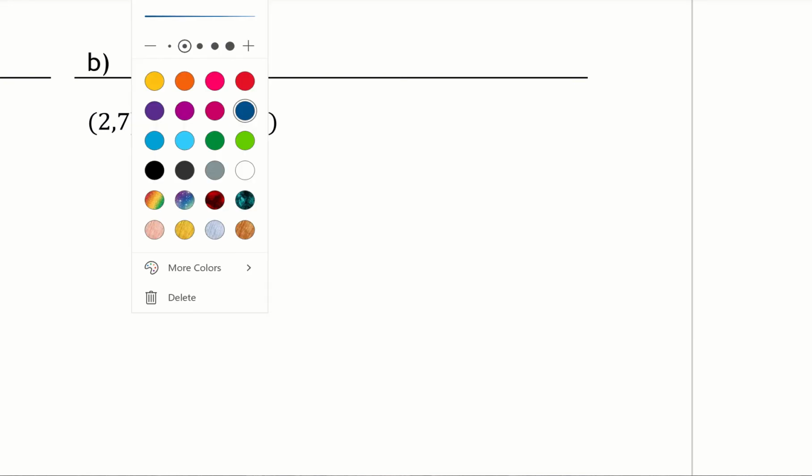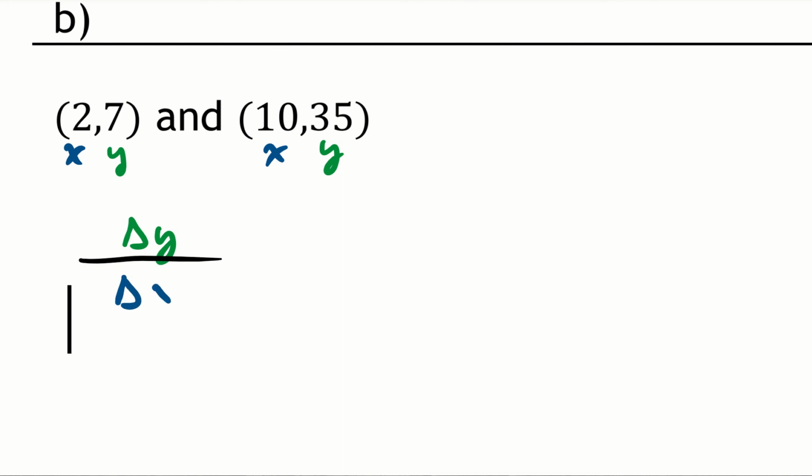Last point. I'm going to do the exact same thing. For each one of these 2 points, I have an x value, and for each one of these points, I have a y value. My slope is going to be the change in my y values divided by the change in my x values. For the change in y's, I'm going to switch it this time, going from this way to this way.